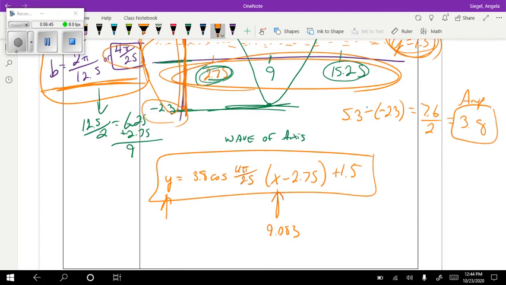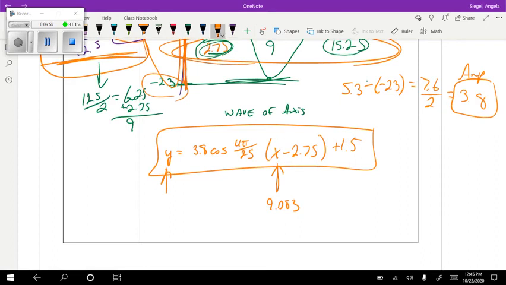If it's positive, it's going to be above the piling on the beach, and if it's negative, it's going to be below. If you did it correctly, your answer for y should be negative 2.3. So what this means is that it's going to be 2.3 feet below the piling.